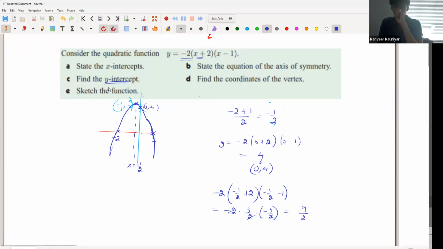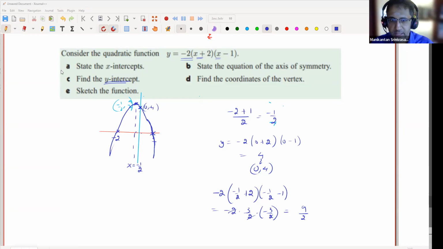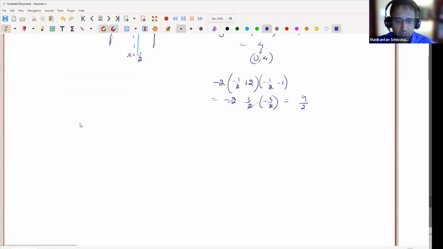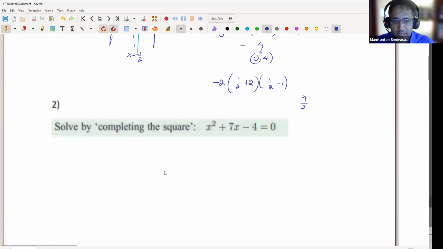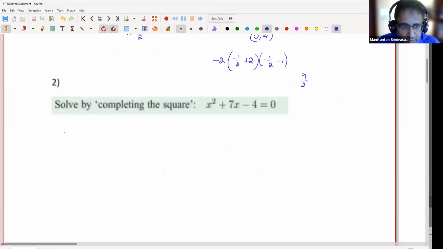Cool. All right. Next one, solve by completing the square. X square plus 7x minus 4 equal to 0. Okay. Should I paste it, or you guys already have it, right? We have it. Okay. X square plus 7x minus 4. Completing the square, we went over that.